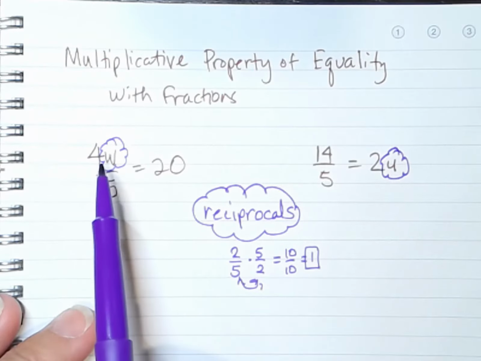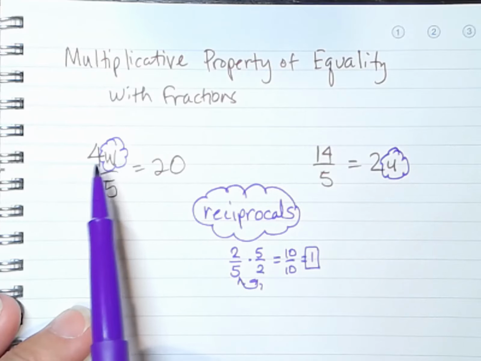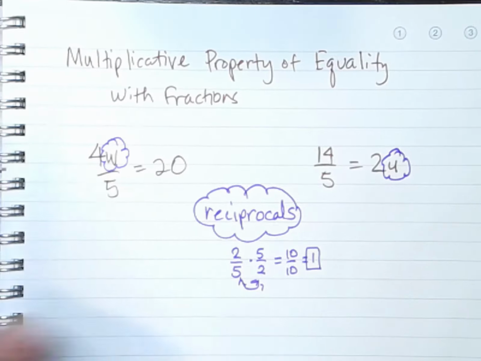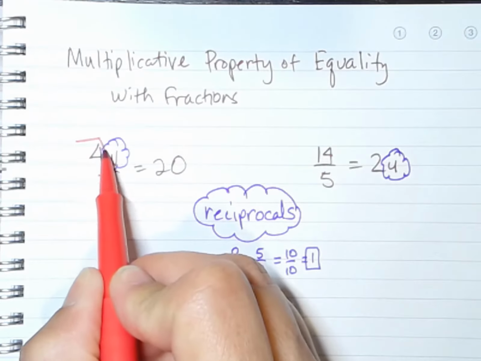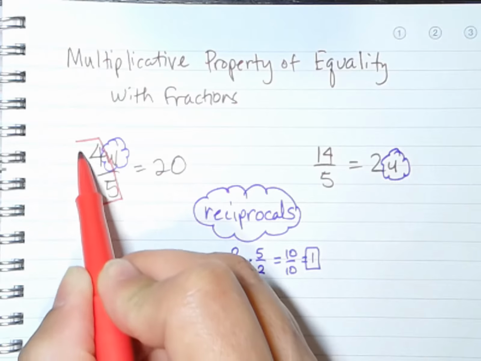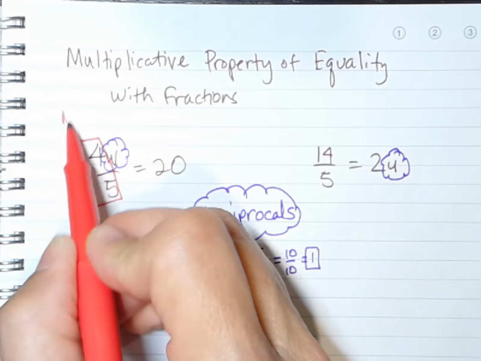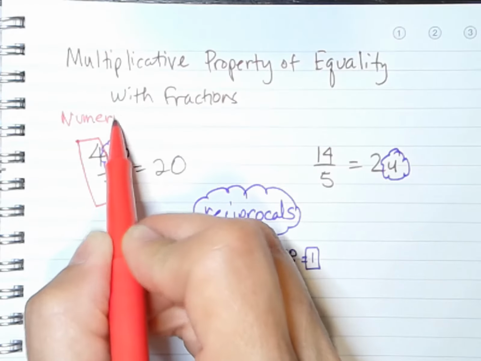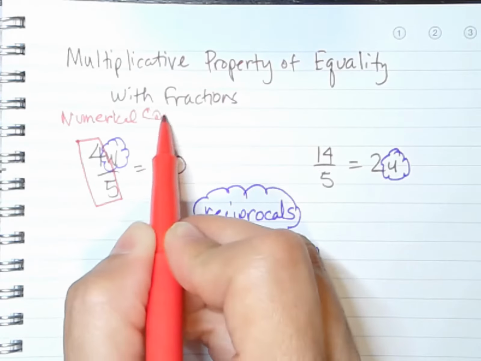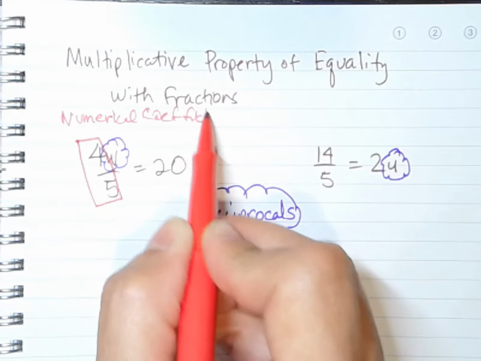Well, if my job is to get the W by itself, notice that there is a fraction right here. And so Alex is telling you, you have to eliminate this fraction. It's called a numerical coefficient. So if you look at the number in front of the variable here, you notice that the number is a fraction, okay? It's called a numerical coefficient, and it's a fraction.